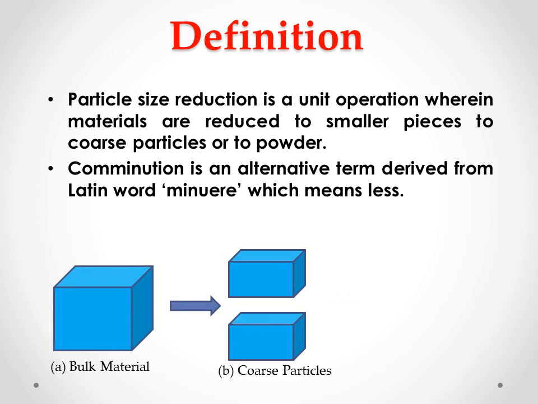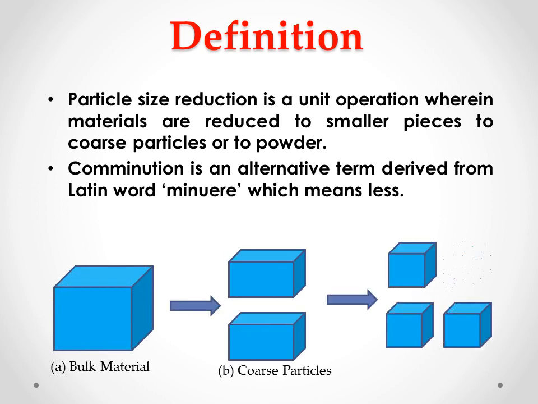It is derived from the Latin word minore, which means less. In the figure, we can see how the reduction of the size of bulk material to smaller particles increases the surface area. An important point to remember is that the smaller the particle, the higher the surface area we can achieve.